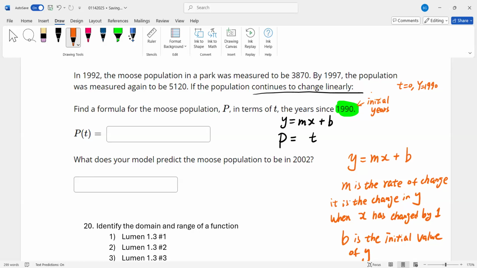When the year is 1991, t equals 1. And so on and so on.